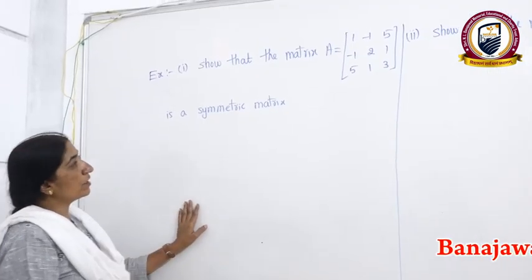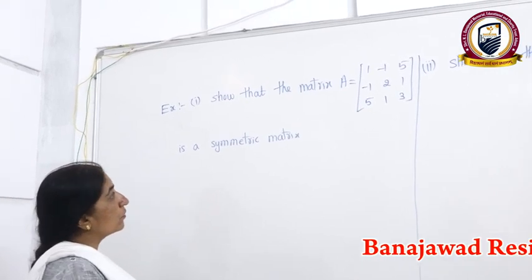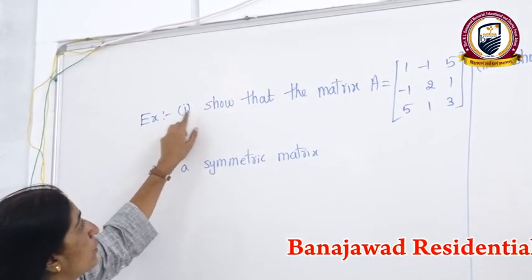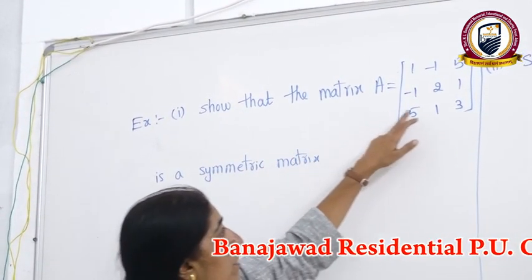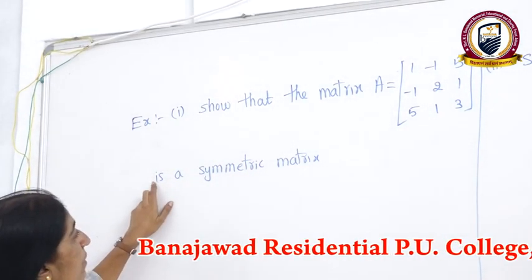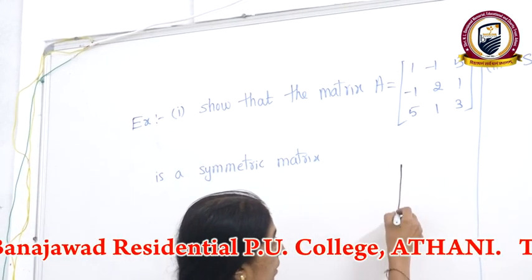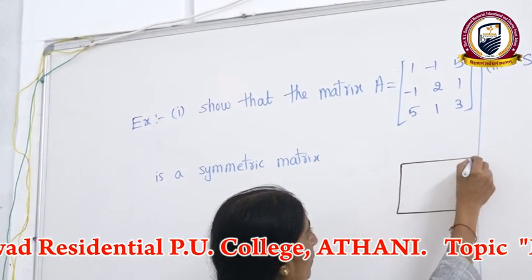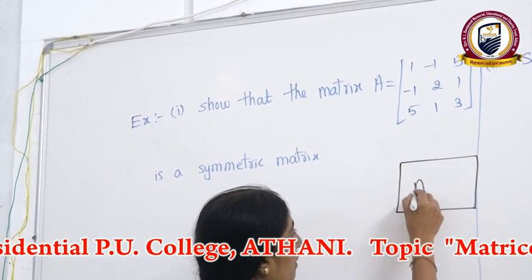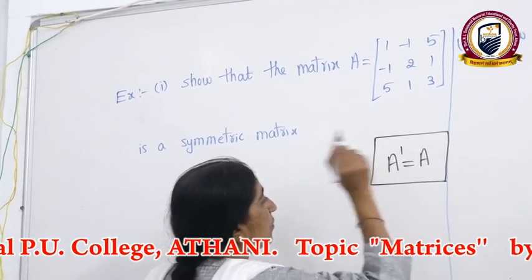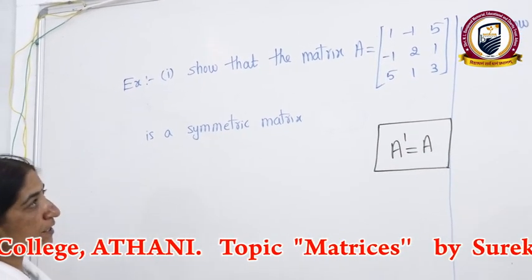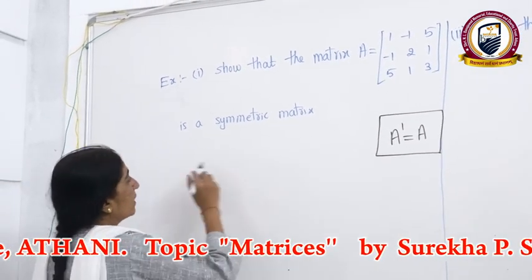After the definitions, I am moving to the examples. The first example: show that the given matrix A is a symmetric matrix. See the definition on the side: A dash is equal to A. If you get this result, that is the symmetric matrix.